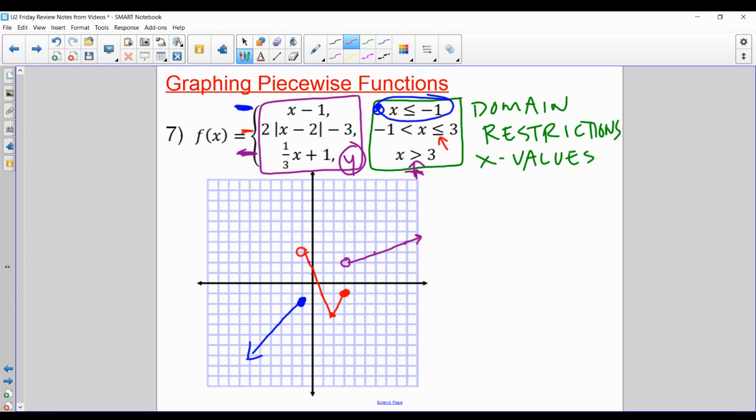The middle function, this red one, the absolute value, happens between -1 and 3, does not include -1, but does include what's happening at 3. And then this last piece, the purple one, is for all the x values that are greater than 3, but does not include 3.